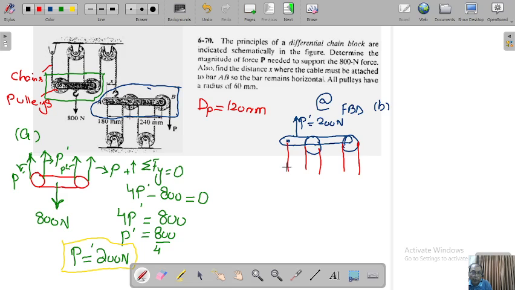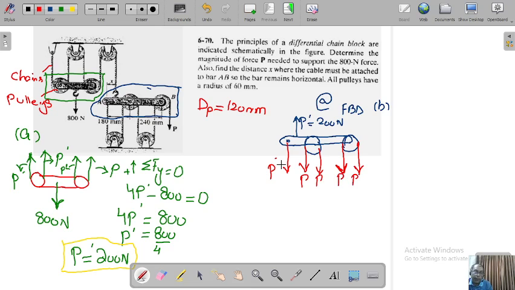All of them have this sense. You can call each of them P: this is P, this is P, this is P, this is P, and this is also P.